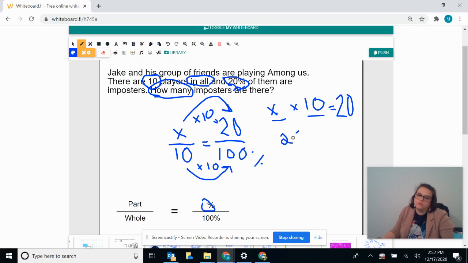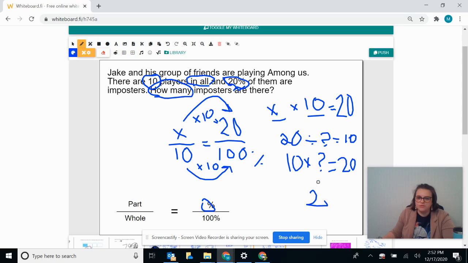You could also do 20 divided by something equals 10, but my favorite is to just switch the multiplication problem. 10 times what gives me 20? I know that is 10 times 2. So our question mark, or our x, which is the number we don't know, x equals 2. There were 2 imposters.